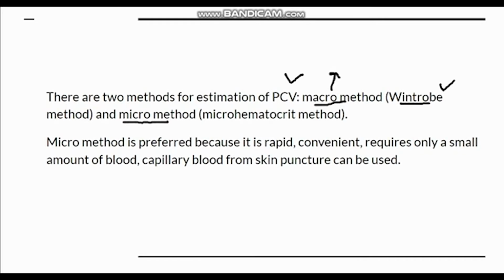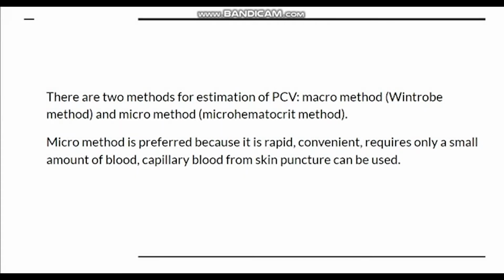Secondly is the micro method, known as the micro hematocrit method, because a very minute quantity of blood is required. Mostly the micro method is preferred because it is rapid, convenient, and a very small amount of blood is used.